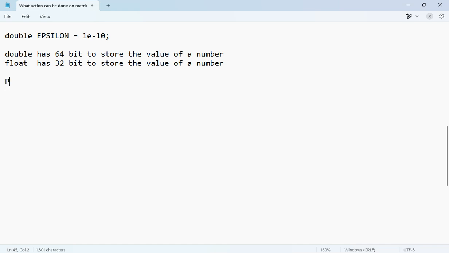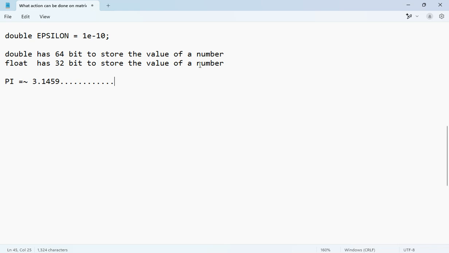For example, the number pi is approximately 3.14159, and so on, but you will never find the end of those numbers.